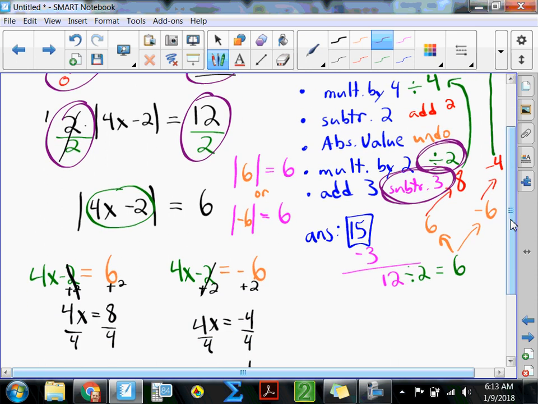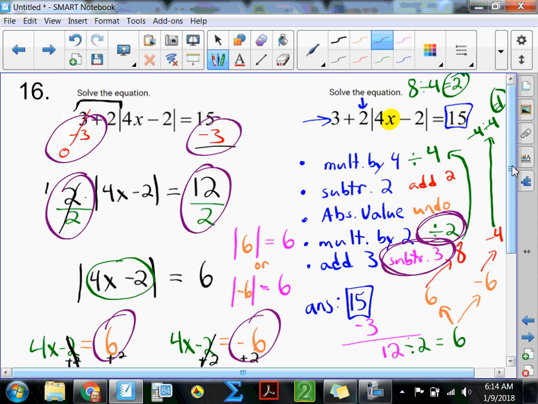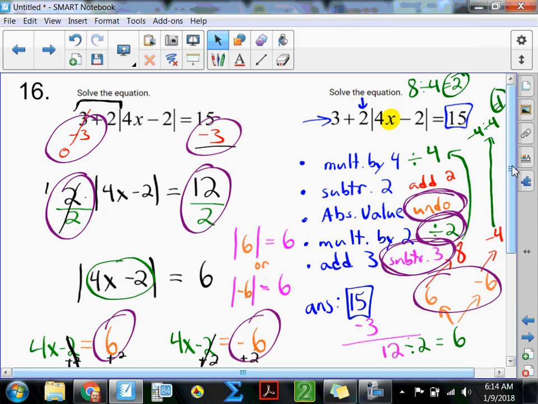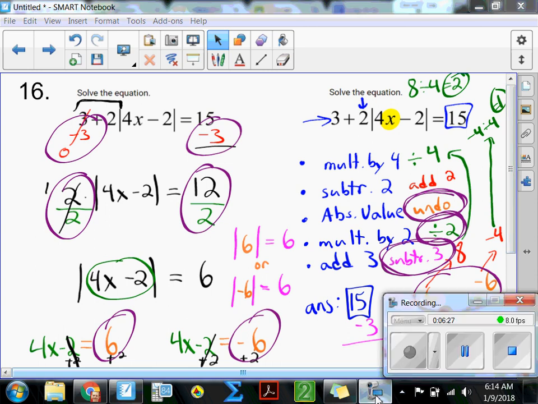After I had the absolute value by itself, the first time I did the problem, I had to come up with this 6 and negative 6. That was the third thing that was done over here. When we undid the absolute value, we got 6 and negative 6. So I could keep going, but all the steps are actually done in the same way on both problems. It's just how you want to organize it. So there you go.